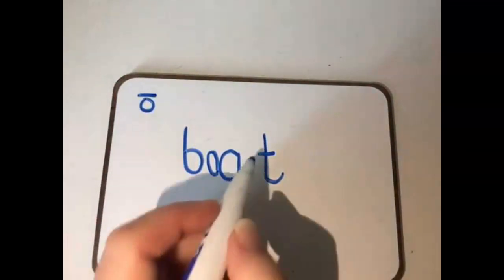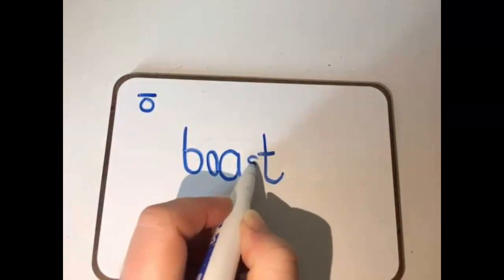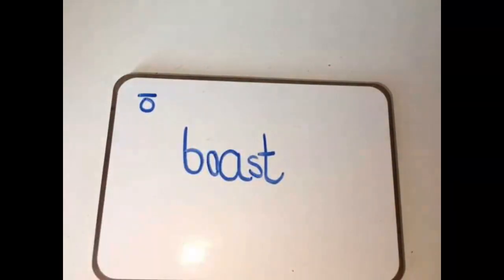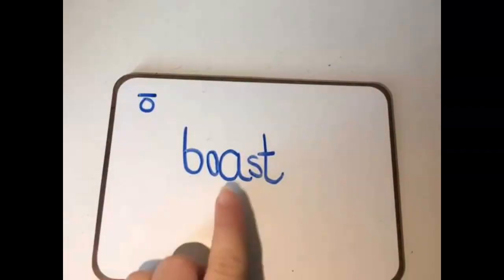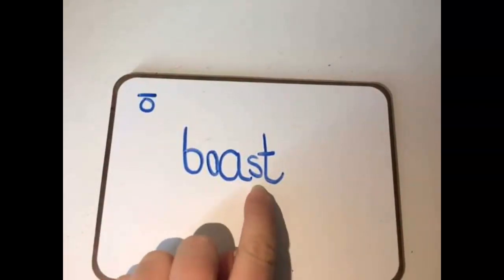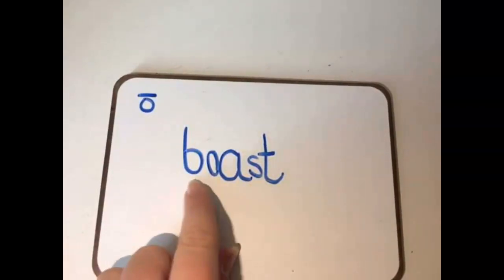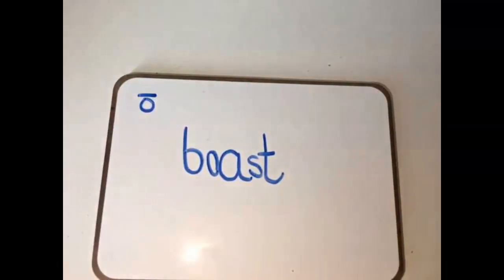All right, let's put an S right in here between the A and the T. What do you think it says now? B-O-S-T. Boast. Boast. When you're bragging about something, you're boasting about it. So that's what that word means.